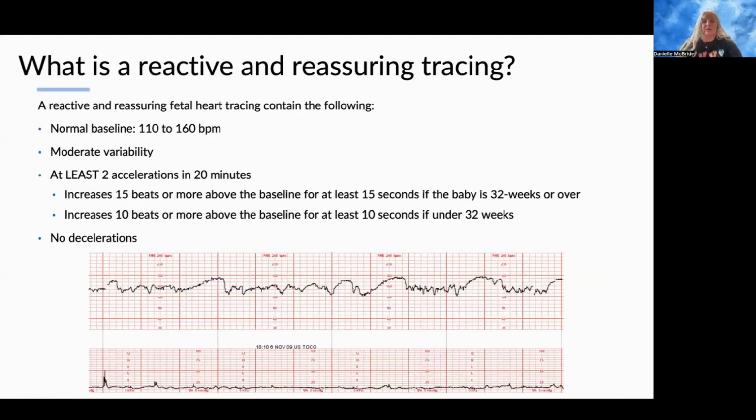So reactive and reassuring. A reactive and reassuring fetal heart tracing must contain the following: a normal baseline between 110 and 160 beats per minute, moderate variability, at least 2 accelerations if the baby is greater than 32 weeks gestation, and no decelerations. That is a reactive and reassuring tracing.